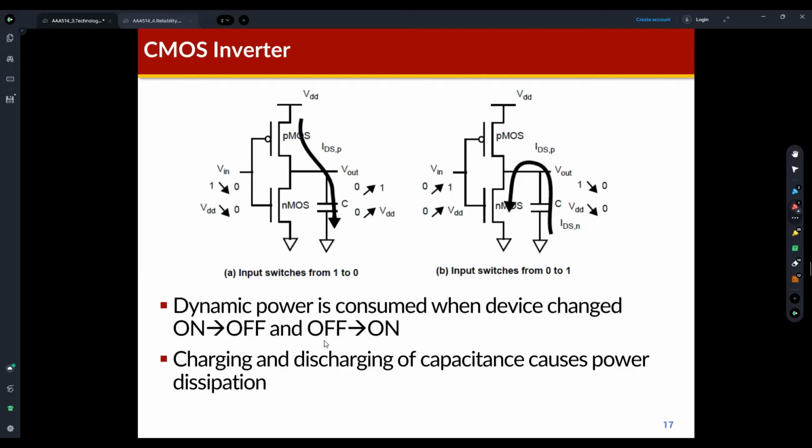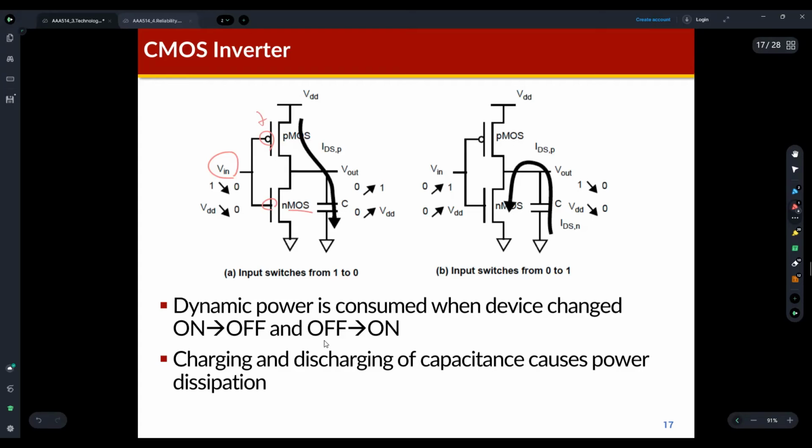This slide just explains how a CMOS inverter works, because the CMOS inverter is a basic circuit that can be built with a PMOS transistor and an NMOS transistor. The input signal is connected to the gate of the PMOS and NMOS transistors.